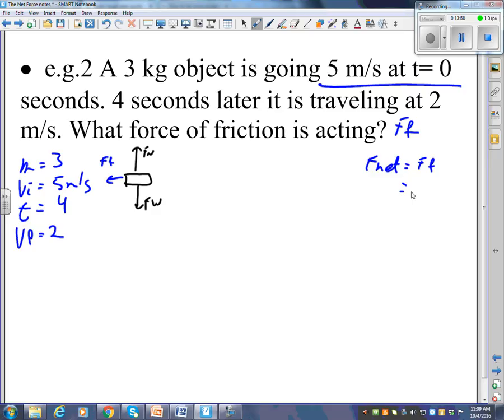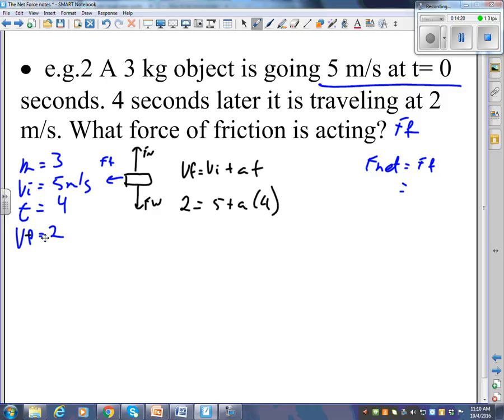Good thing I'm using a pencil and I can erase. How can I get acceleration from VI and VF? Or the new version of that, which is VF equals VI plus AT. The VF is 2. The initial is 5. We're solving for acceleration, and the time is 4.